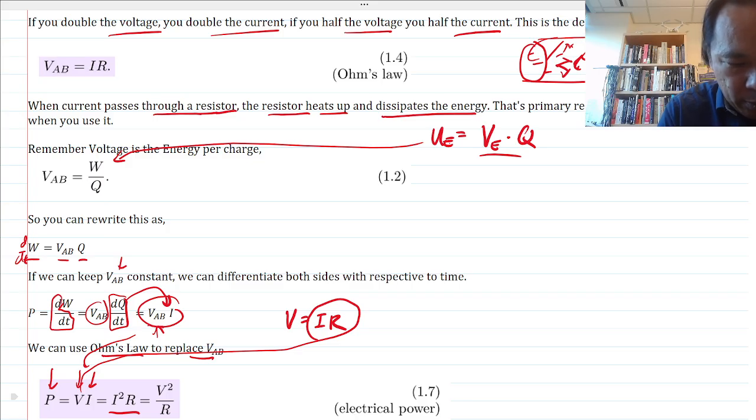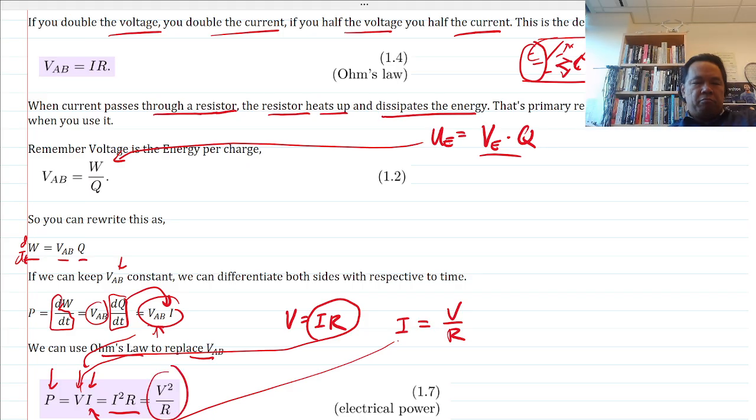Another way is to replace the current. If you solve for current, it's V over R. Then you can replace the current in this equation, and you get V squared over R. But it's not super important. This is all just algebra, so you can figure it out.